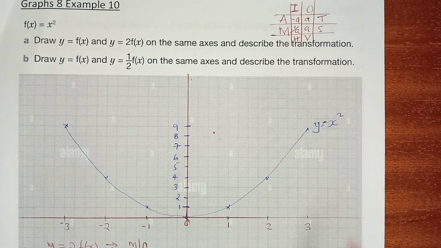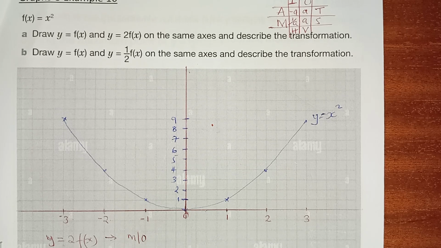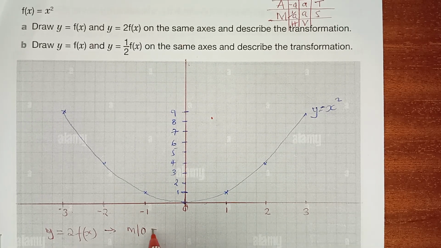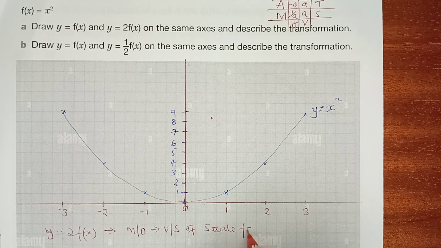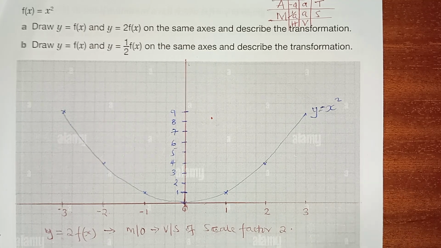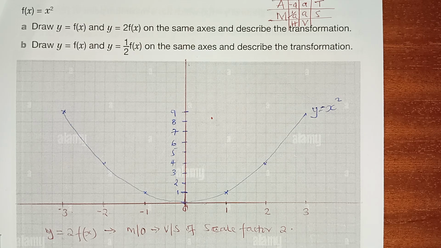What does that mean? A vertical stretch of scale factor a, because our a is 2. This 2 is the coefficient, the constant of the parameter of transformation. It is this 2 that determines how much we stretch our graph.